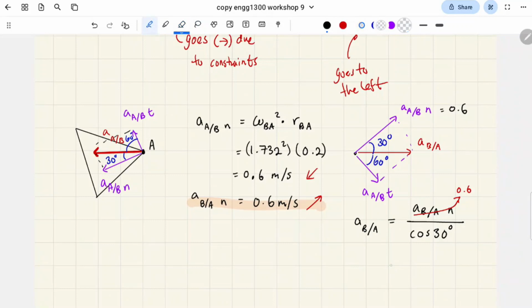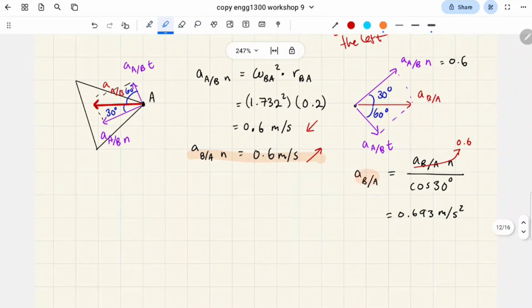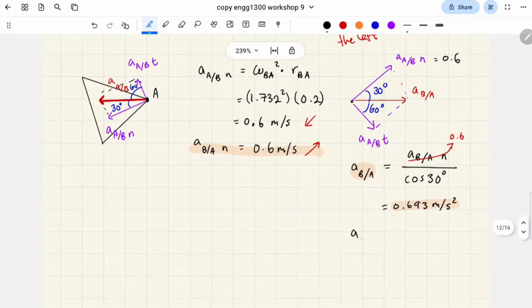So that gives us this, right? So that's that component, right? And we can also get the tangential one. Do we need the tangential one? No, we don't. All right.